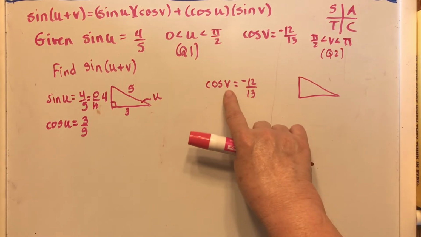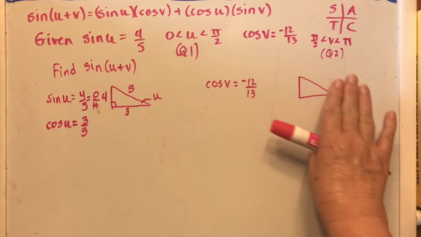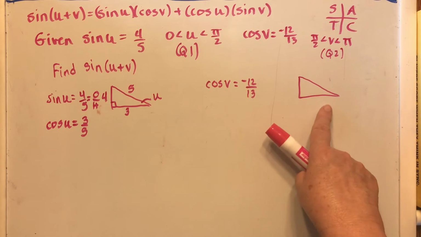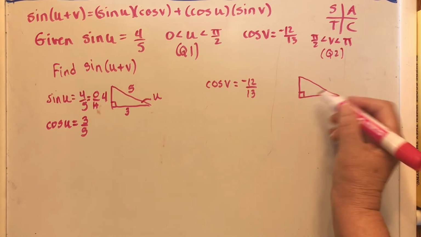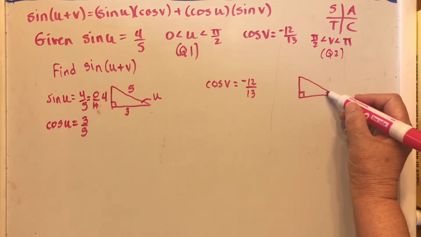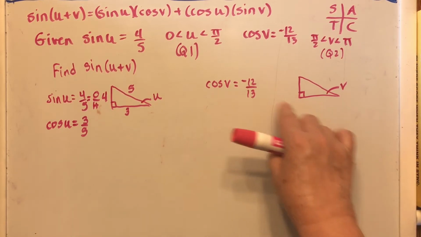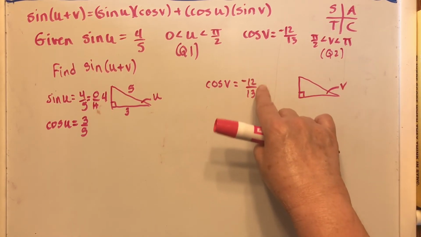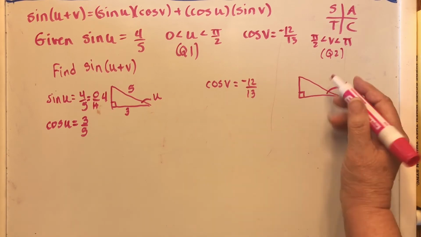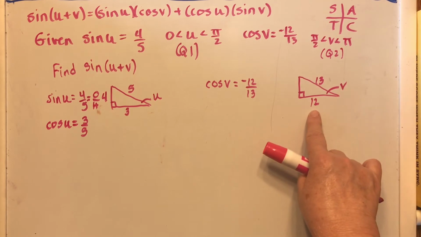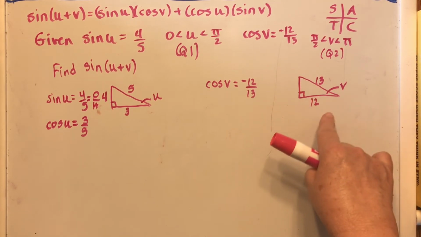All right, so now we're talking about angle V. So I have to draw a whole other triangle because this triangle was just about angle U. I just drew the same generic triangle, and I'm going to label this angle V. Cosine is adjacent over hypotenuse, so this is the 12. This is the 13. I'm ignoring the negative because I'm labeling a triangle.